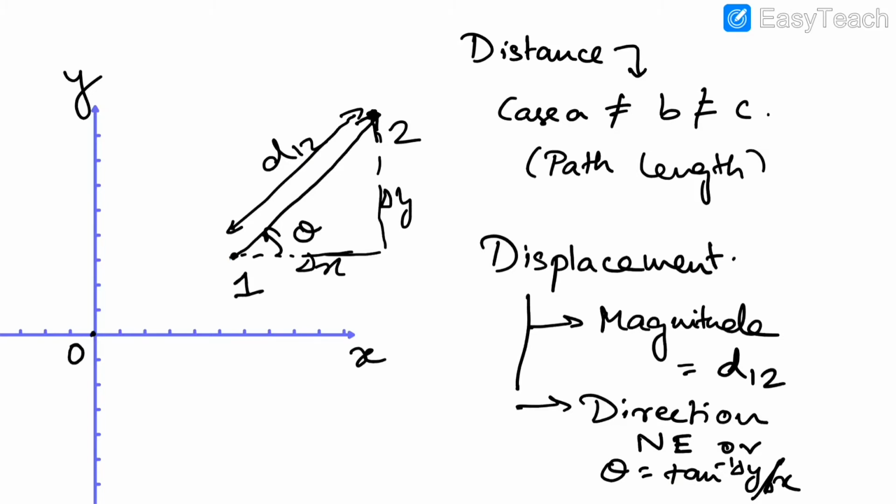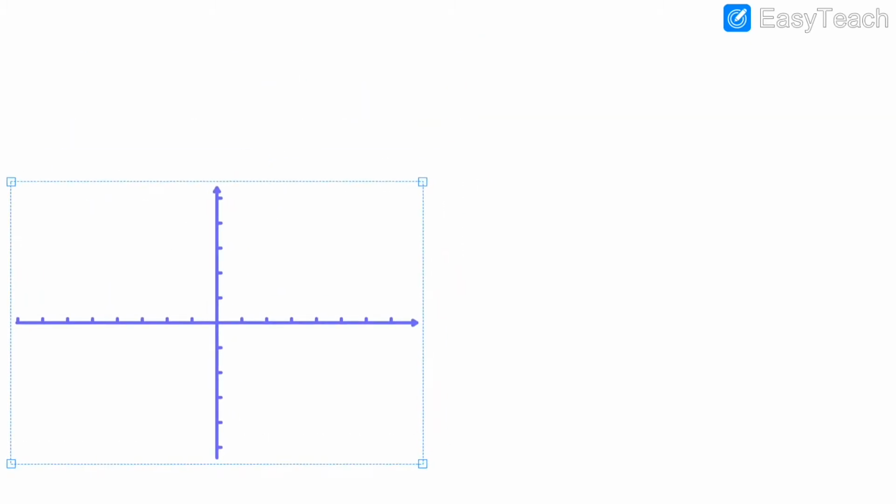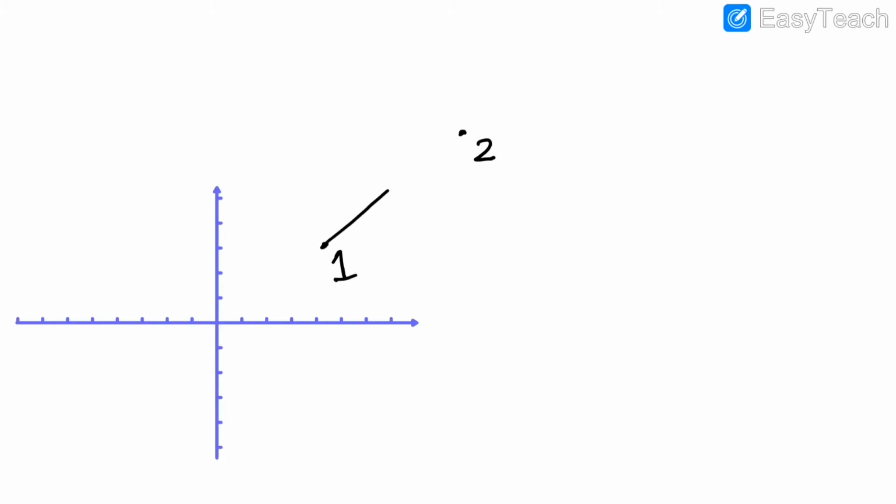Now we summarize this, we draw it again. We take 2 points, point 1, point 2, and from point 1 to point 2, I draw a straight line with an arrow at the finishing point.